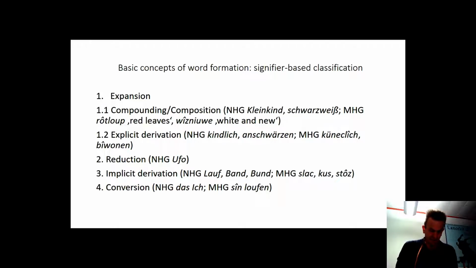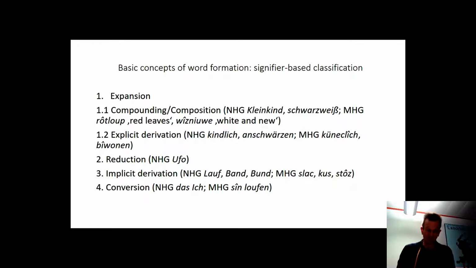In essence, there are two classification models for German word formation which differ in their approach rather than result, which is why both should be briefly discussed. Referring strictly to the signifier element, word formation processes can be classified according to whether there is 1. An expansion in the signifier, 2.